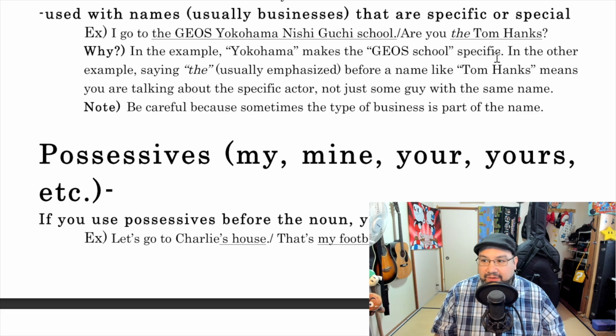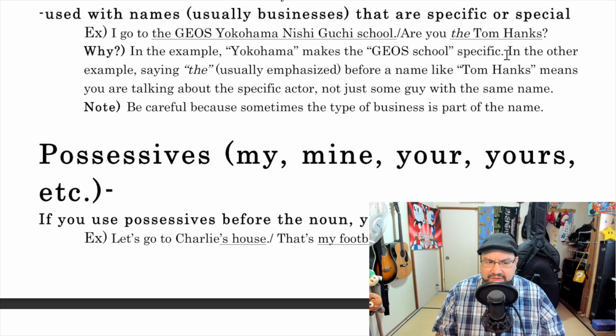Okay? So let's talk about Starbucks again. I went to Starbucks. No a and the, because Starbucks is a name. You can say, I went to a Starbucks. You're kind of feeling that you want to say you went to a random Starbucks, any Starbucks. If you say, I went to the Starbucks, actually, that's kind of strange.